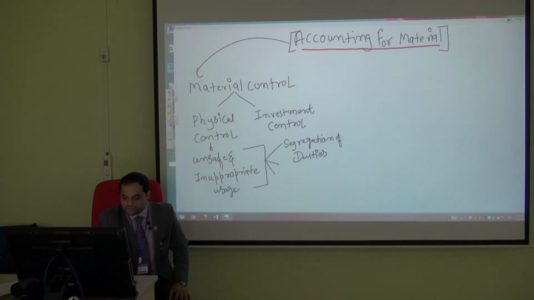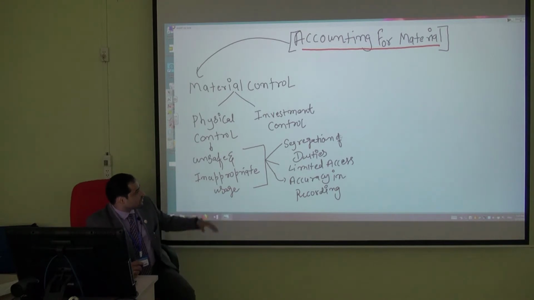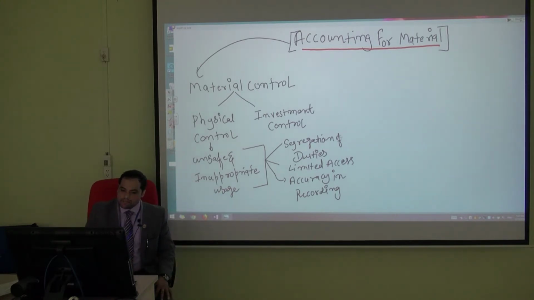Second one is limited access. And third one is accuracy in recording. Alright. By doing these three things, we can provide physical control over the material.